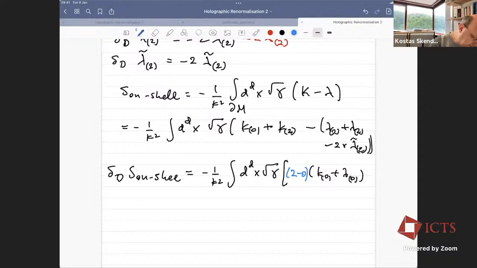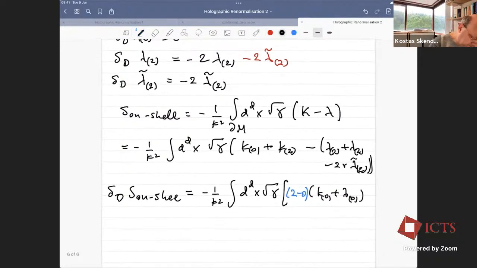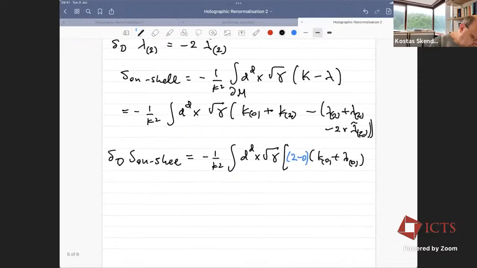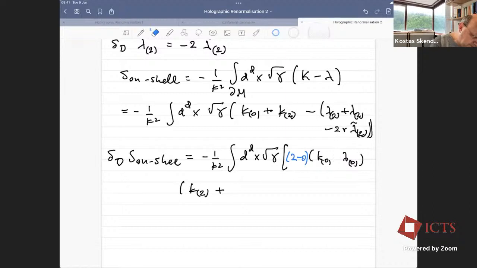And then I have the terms that go with scaling dimension 2. Oops, that should have been a minus.